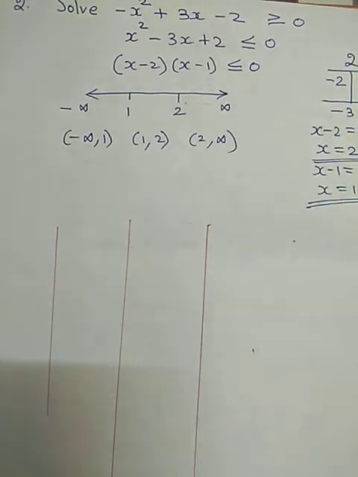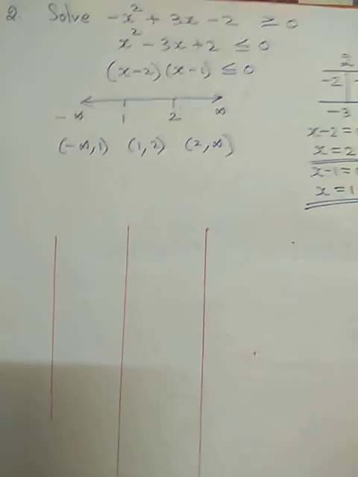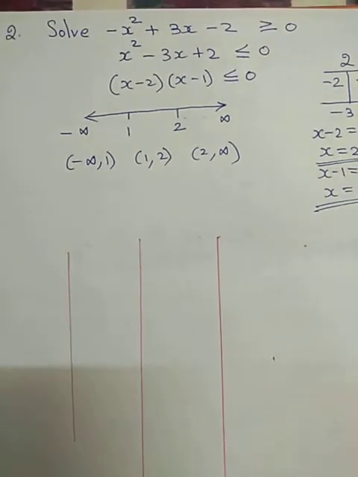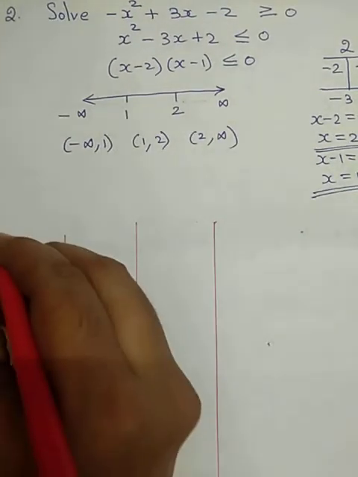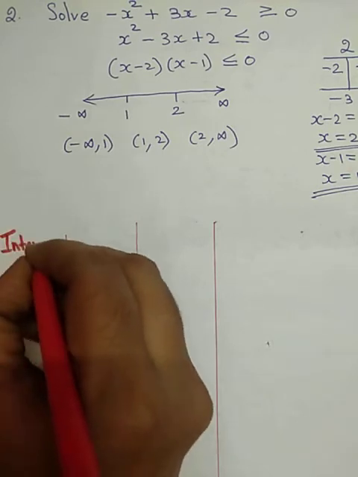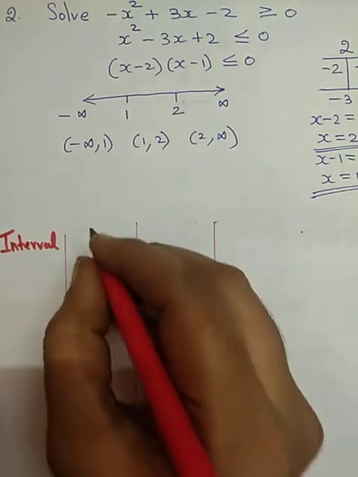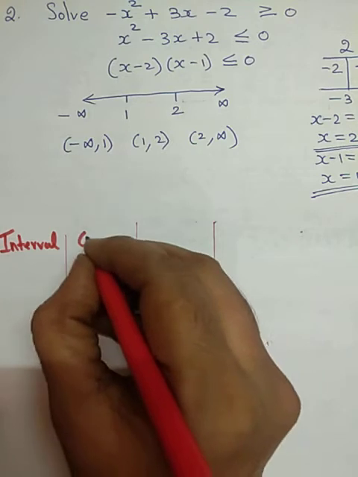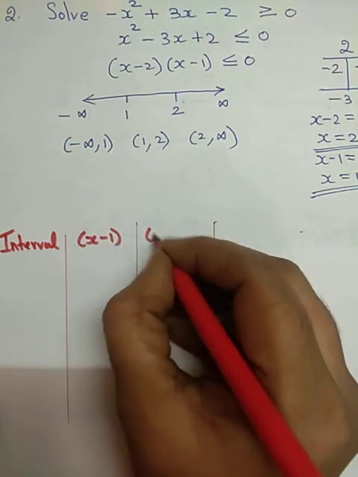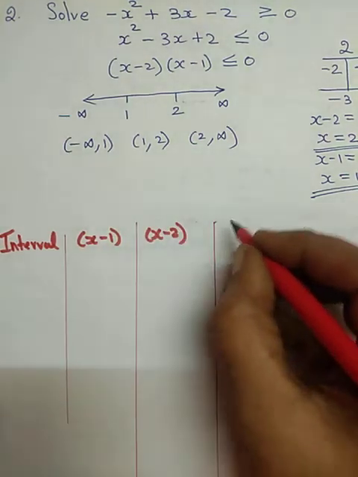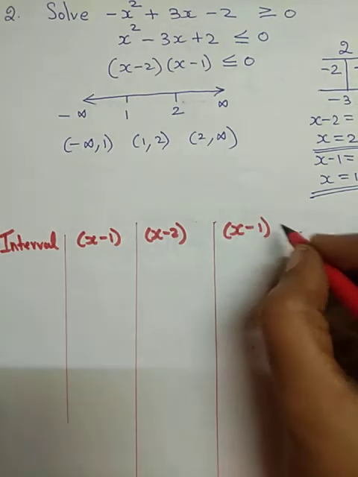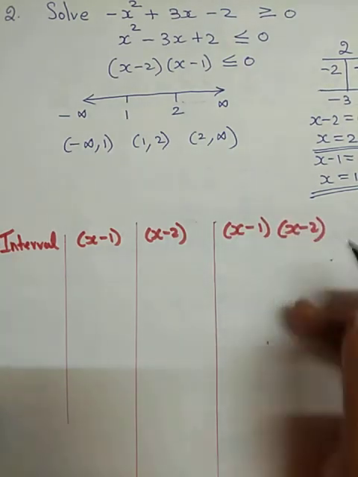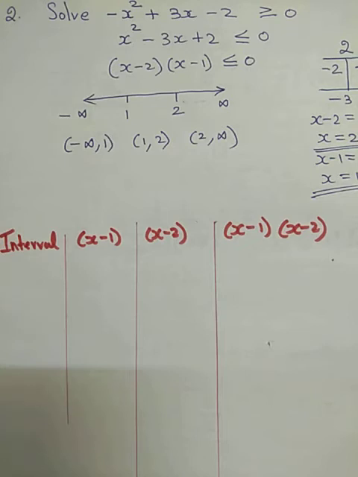Okay, so let me put the headings. First column, let me write interval. Second column, x minus 1, x minus 2, and the last column, x minus 1 into x minus 2. So these are the headings.